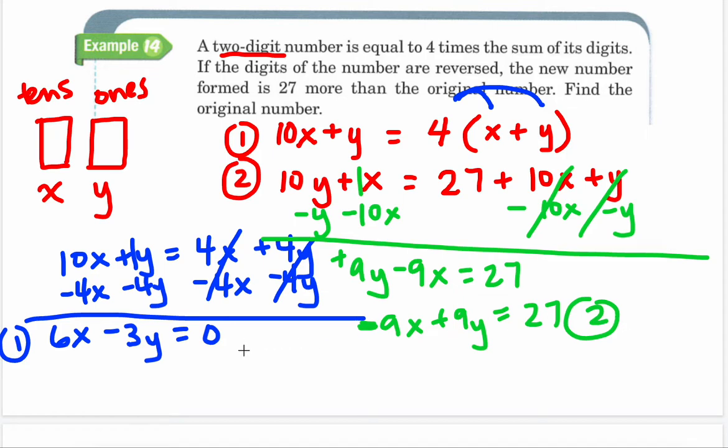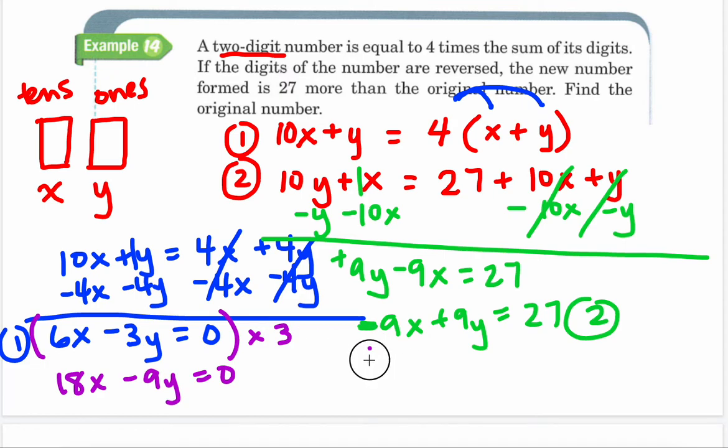So let's do that. I might be running out of space, so let me try and write this a little smaller. Let me use this magenta. In order to stack them later on, none of them really match. But I have a negative 3y here and a positive 9y, so I can go ahead and multiply this equation by 3. So I end up with 18x minus 9y equals 0, because anything times 0 is 0.